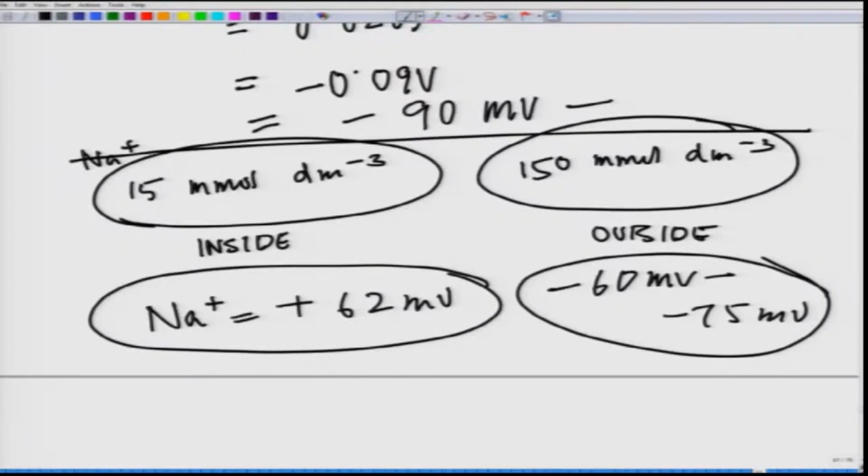So, when a nerve cell is stimulated, now this is a different kind of situation. When a nerve cell is stimulated, the sodium channels at the start of the axon allow the sodium ions to move inside, making the potential inside less negative. And as more sodium enters the cell, the potential increases to around plus 20 to plus 40 millivolt.